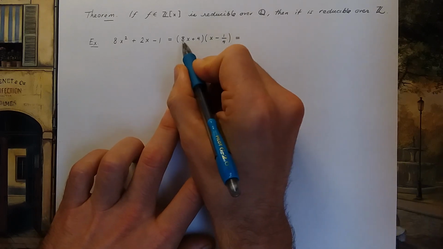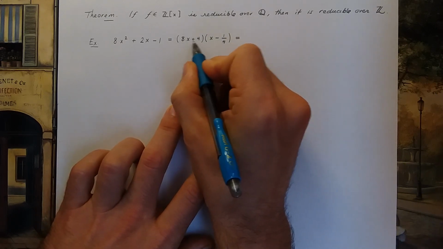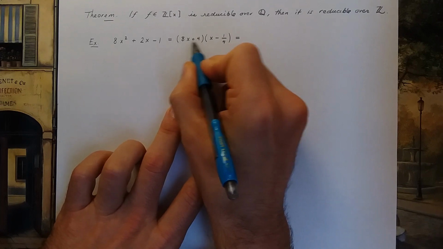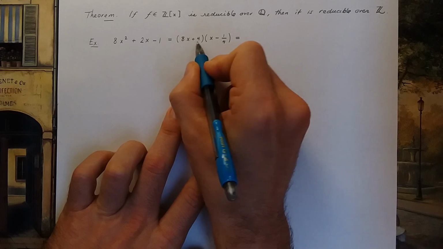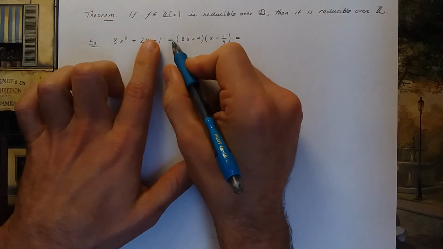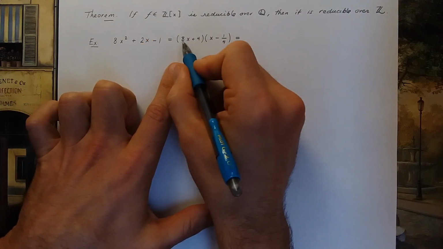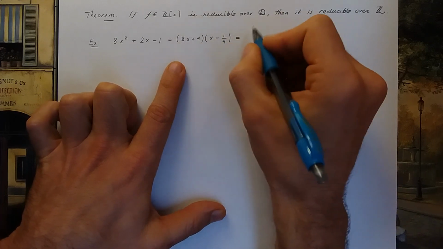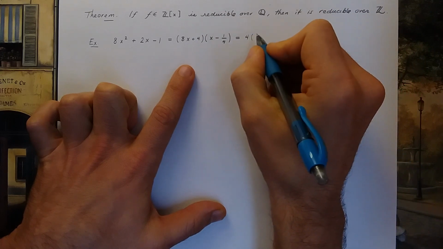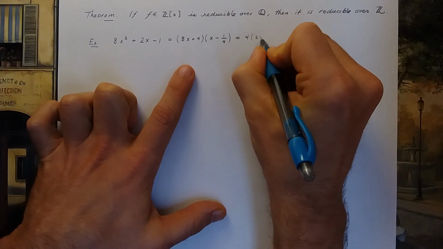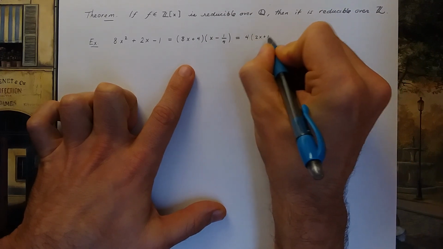If you look at this, I can take the first parentheses and factor out a 4. This first polynomial is not primitive. I could factor a common term out of every coefficient. So I can get 4 times 2x plus 1.